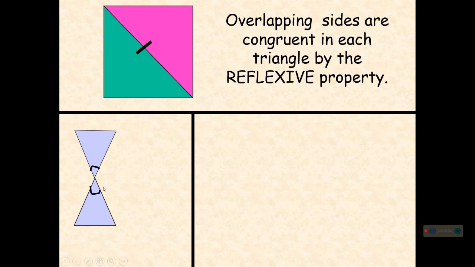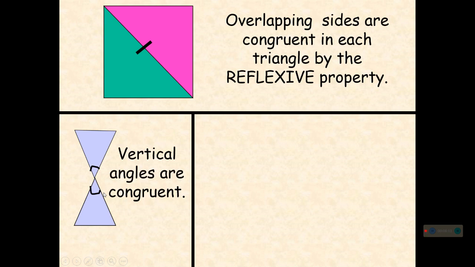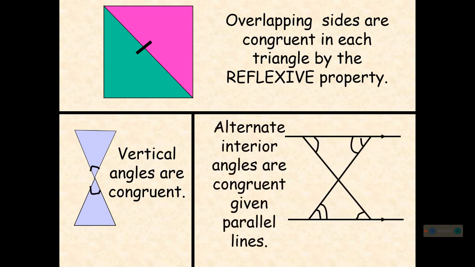Another property, if you have seen this kind of figure and the two triangles are congruent, is the use of the definition of vertical angles. We all know that all vertical angles are congruent. Another property that we may use is about alternate interior angles.